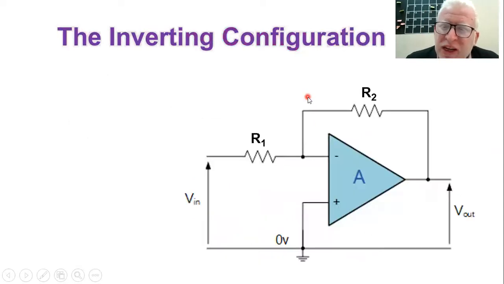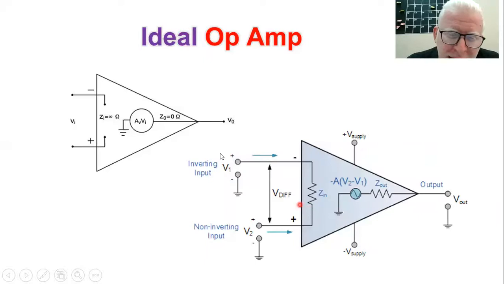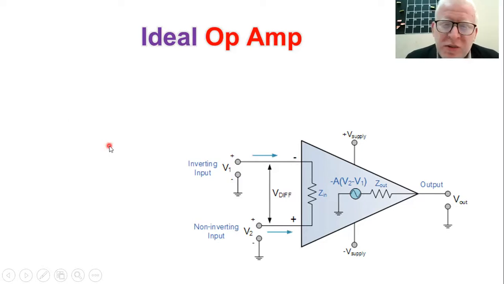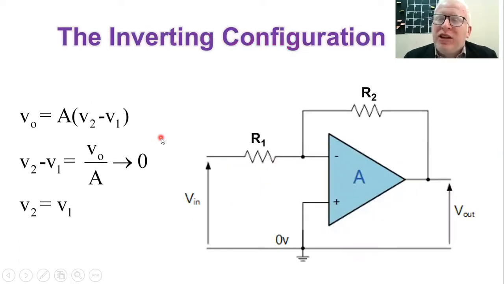According to these, we concluded that V2 will be equal to V1. I mean, the voltage drops on these 2 terminals are equal. And as far as the input impedance is equal to infinity, that means that the current going inside the operational amplifier is equal to 0. So these are the 5 main rules associated with an ideal operational amplifier.